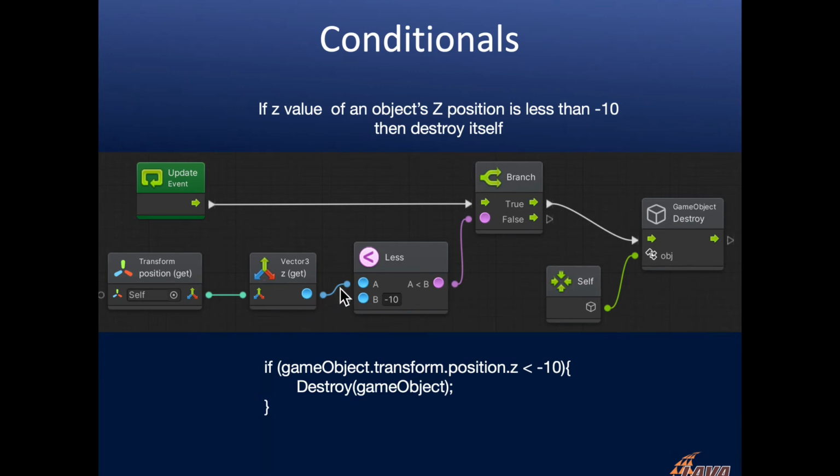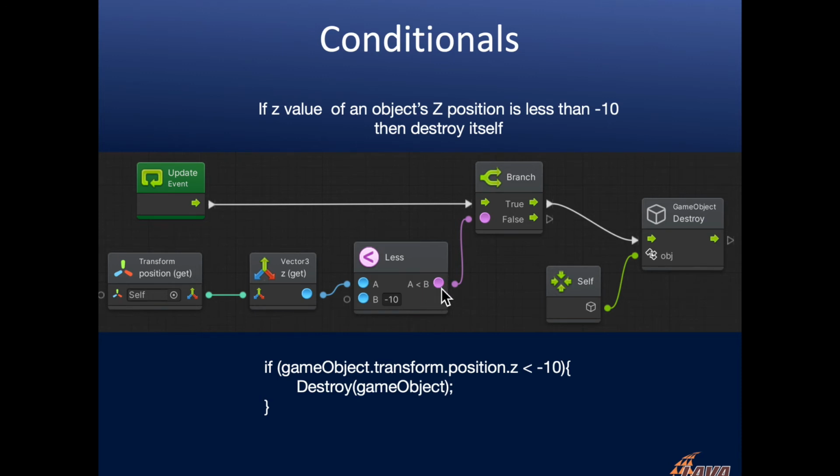And then you feed it into this less than node, which is basically trying to compare if A is less than B. So in this case, A is the position, B is -10, because we want to check if the z value is less than -10. In other words, if the A here is less than -10.